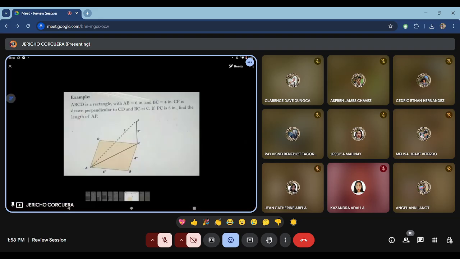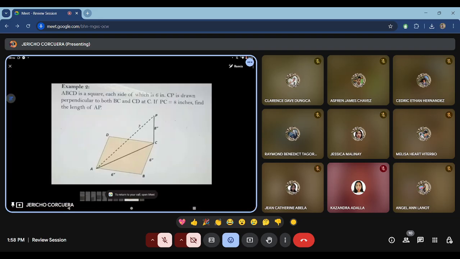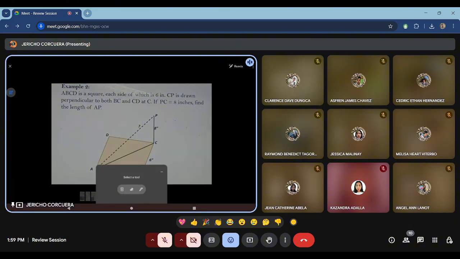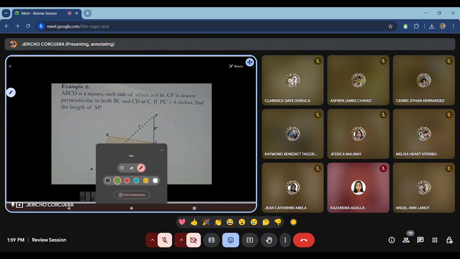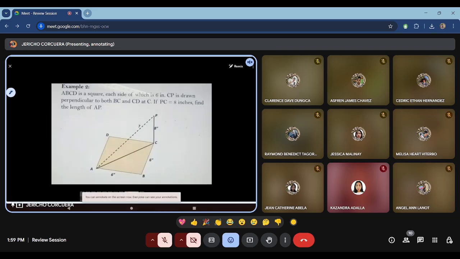Let's proceed. Another one. It goes the same. And we'll actually do the same for the problem here. Since we have here ABCD is a square, each side of which is 6 inches. CP is drawn perpendicular to both BC and CD. And we are looking for the length of line AP.